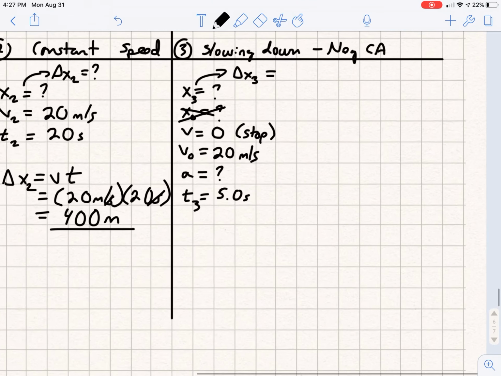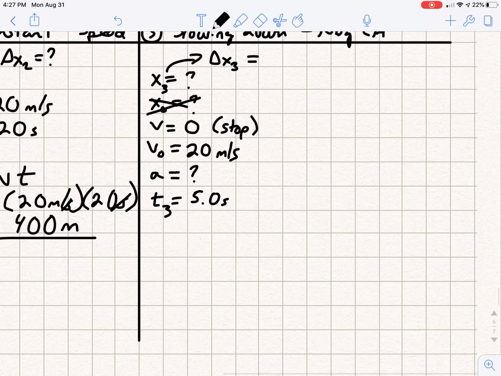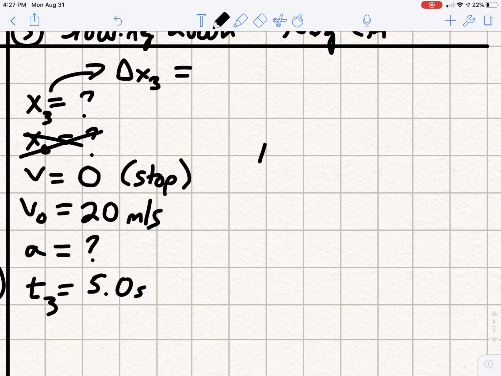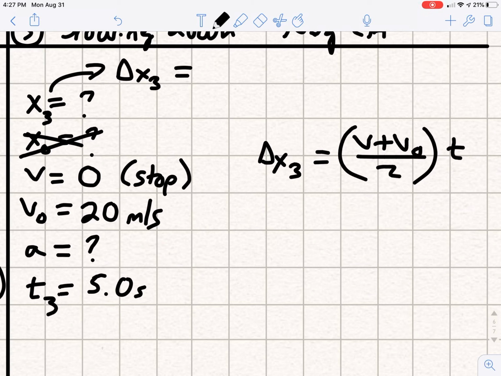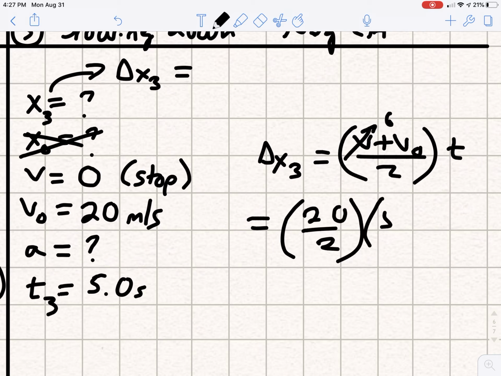Plus, now in the third segment, we're looking for delta x3. I could use the exact same formula. Delta x3 would be equal to v plus v naught over 2 times t. In this case, the final speed is 0. And I have 20 over 2 times 5, which comes out to 50 meters.